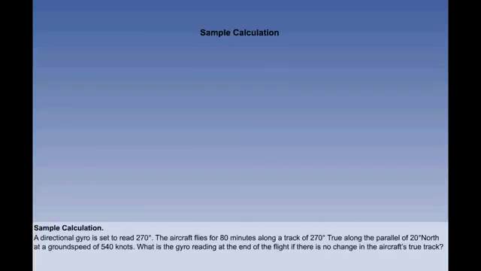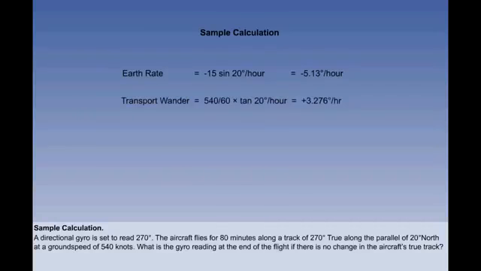Let's go through the calculation together. We know Earth rate equals 15 times the sine of the latitude in degrees per hour, and the mathematical sign for Earth rate in the Northern Hemisphere is minus. Transport wonder equals the easterly component of ground speed divided by 60 times the tan of the latitude in degrees per hour.